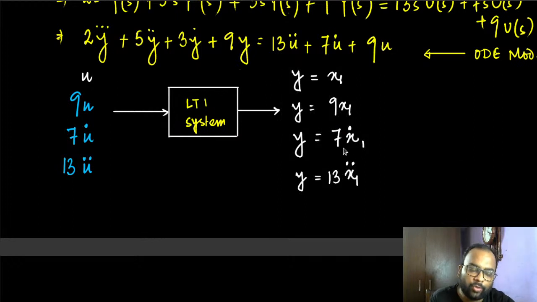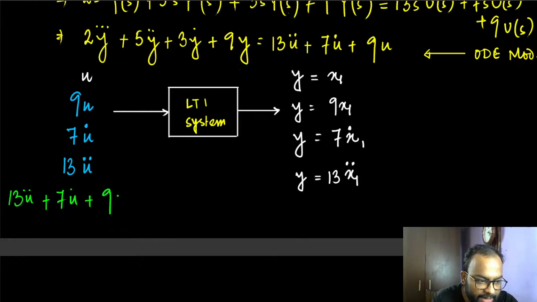And now we have so far applied the principle of homogeneity, right? Now let's apply the principle of superposition. What if the input is something like 13 u double dot plus 7 u dot plus 9 u? What if the input is a combination of all these? Then the same combination would appear in the output. That is homogeneity, right? Sorry, that is superposition.